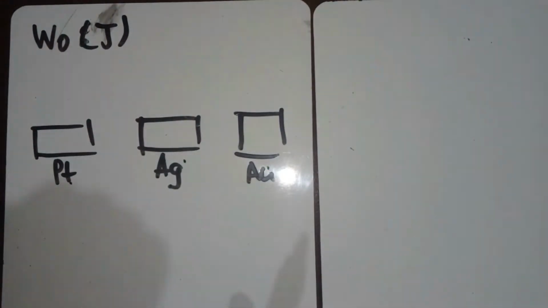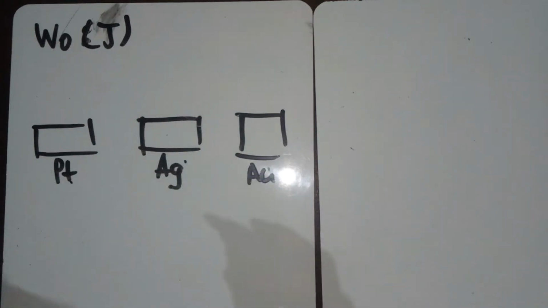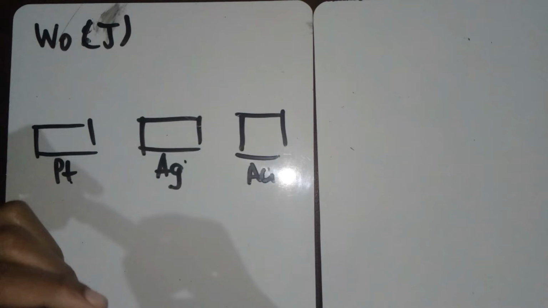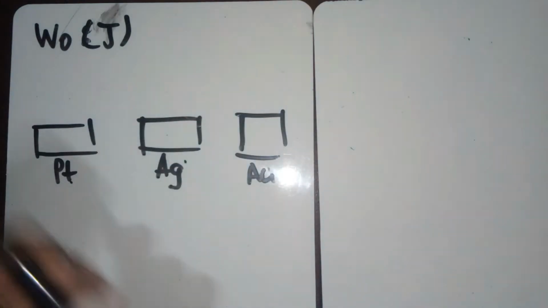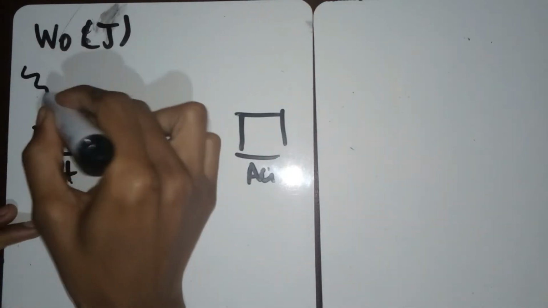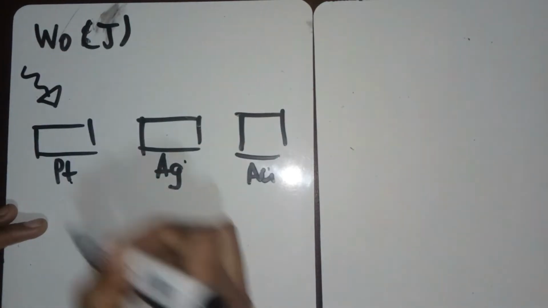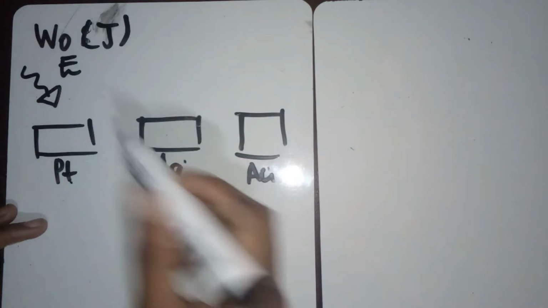So what is this work function? It is defined as the minimum energy that an electron in the metal needs so that it could be emitted. Remember we have a photon coming with energy E, let's call that E photon.